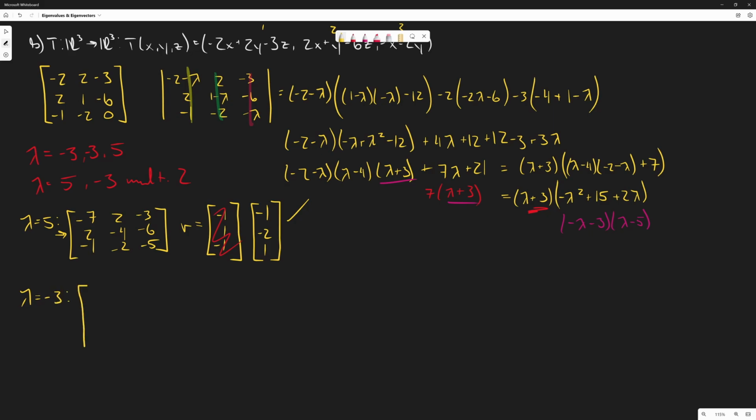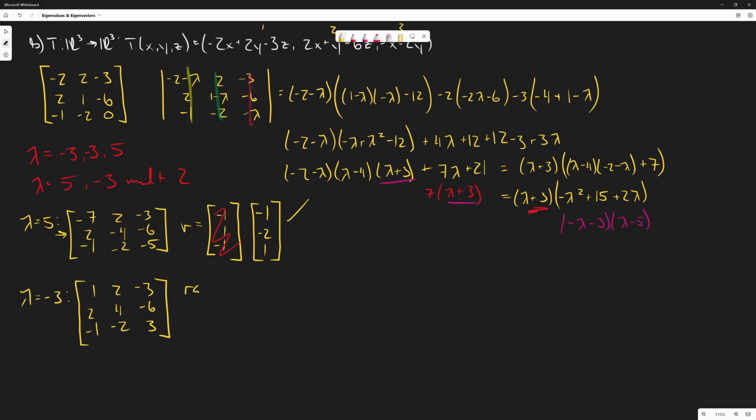Now this one, even though it has a multiplicity of 2, we still need to see, we can't be 100% sure that this is not diagonalizable, because we still haven't checked if the geometric multiplicity is equal to the algebraic. We know that the algebraic is equal to 2, so now we need to check to see if the geometric is also equal to 2. So when we plug that in, we will have 1, 2, -1, 2, 4, -2, -3, -6, and 3.